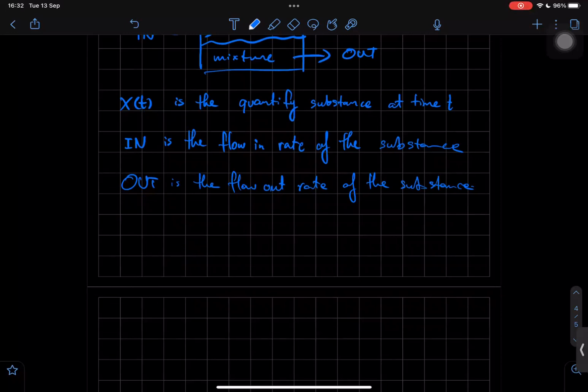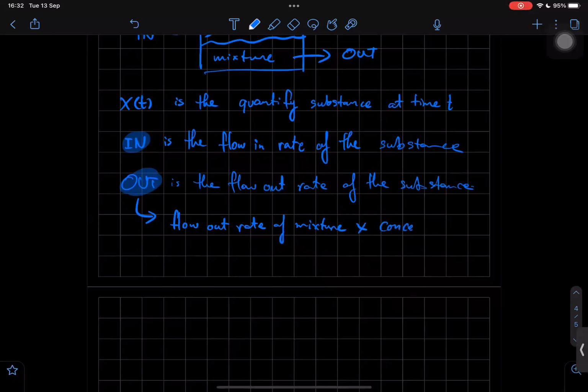You can find this and this by the flow out rate multiplied by the concentration of the mixture, okay. For in it is also the same.